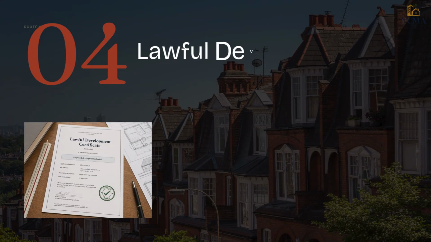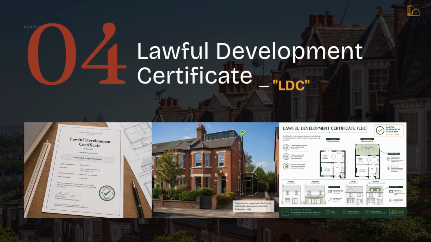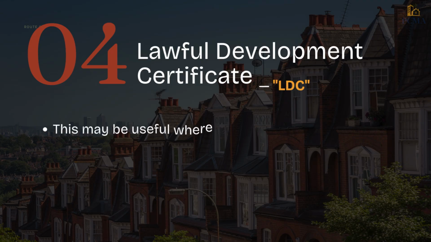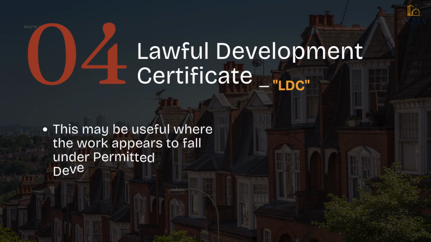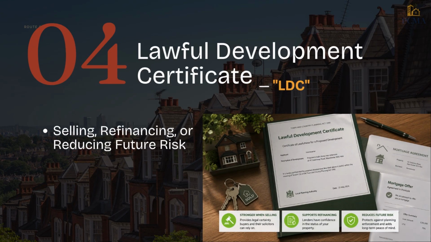A lawful development certificate, often called an LDC, can be important when you want formal confirmation that a proposal is lawful. This may be useful where the work appears to fall under permitted development, but you want written confirmation from the council before starting. It can also be useful when selling, refinancing, or reducing future risk.